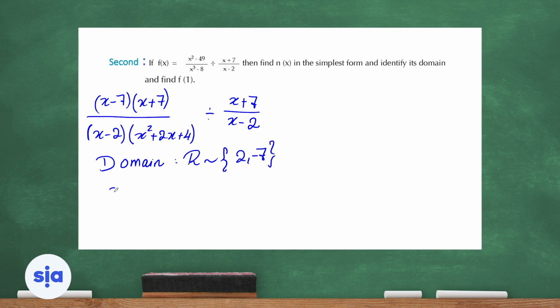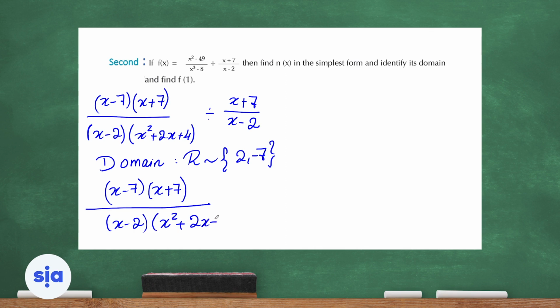To simplify this, keep change flip: keep the first fraction as it is, change the division sign into a multiplication sign, flip the second fraction. If you want to simplify this, x minus 2 with the x minus 2, x plus 7 with the x plus 7.